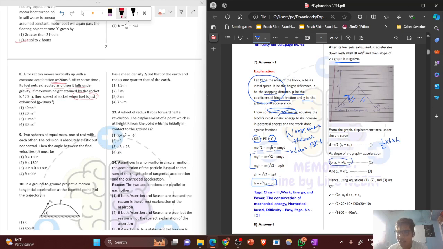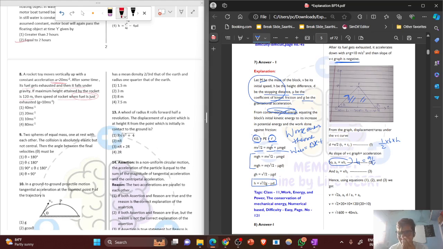From here you can calculate acceleration. From here we can put the value of T1, and T1 is equal to what? A1 by V. T2 equals to what? A2 by V. Putting these two values here, we can get the value of V. Once we put the values of T1 and T2 here, and we know D, we get the value of V. The values are also given, acceleration is given, no issue.